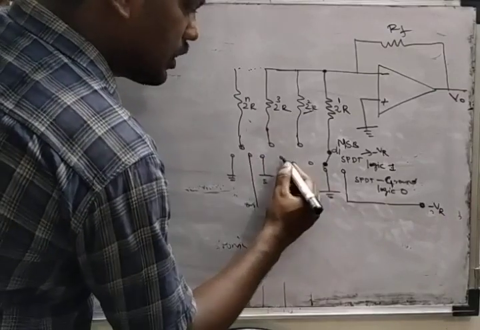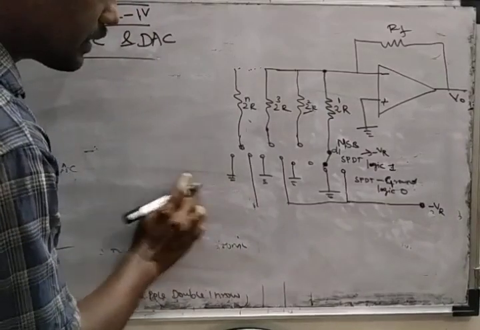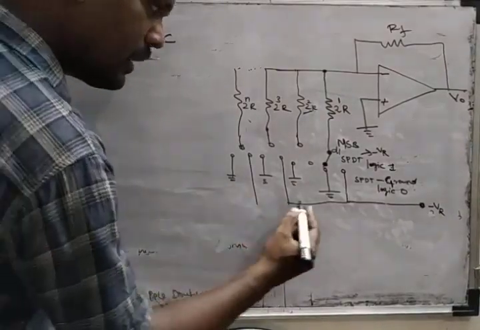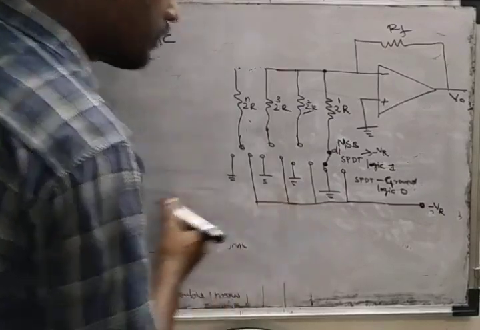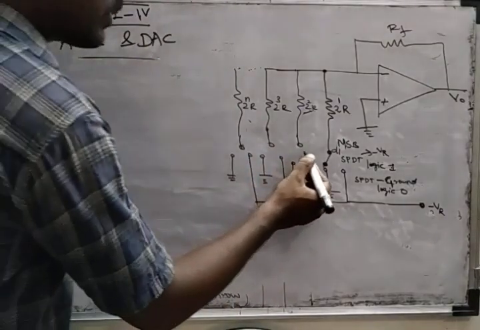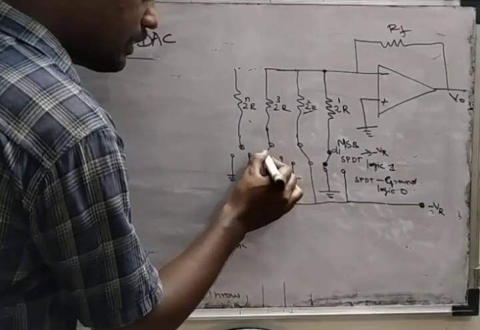The other end of the single pole double throw switch is connected to the reference signal minus VR. The switch position may be either minus VR or ground.